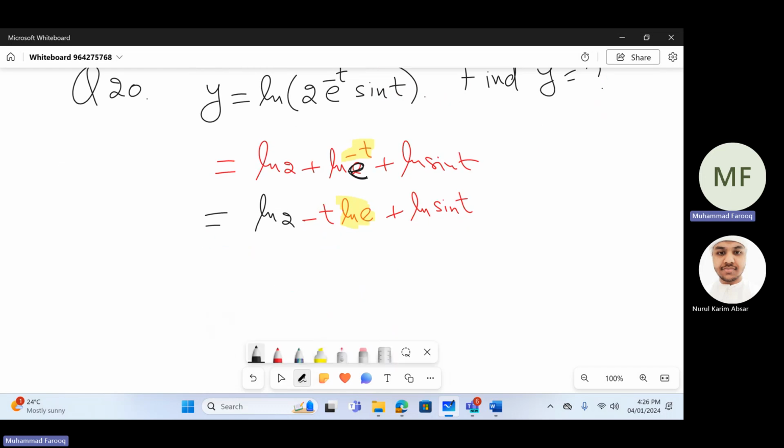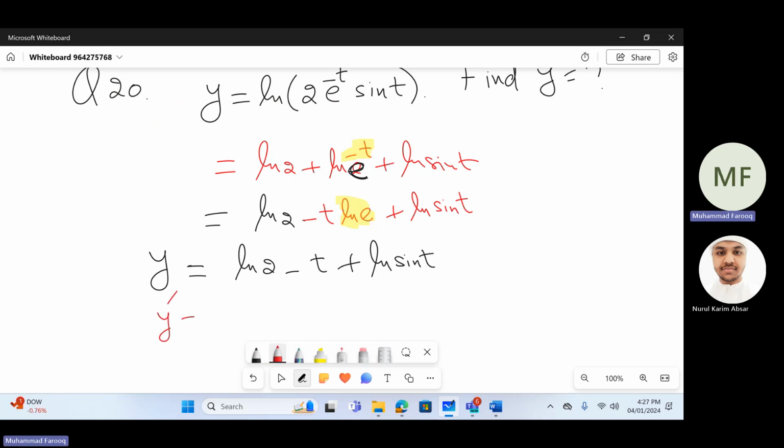So you can now write y is equal to ln 2 minus t plus ln of the argument sine t. You have simplified your question until this step. Now you can differentiate. Now it's very easy.